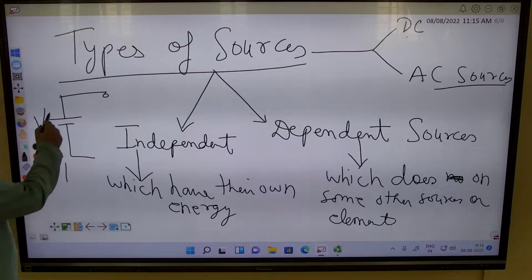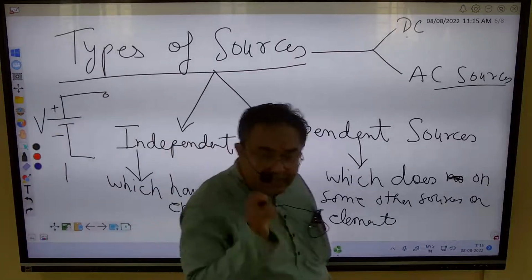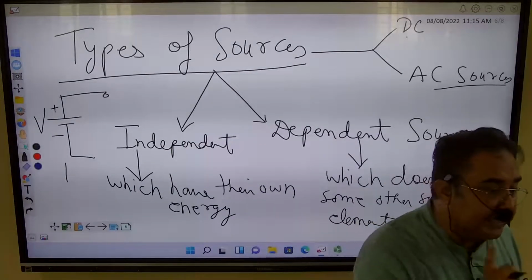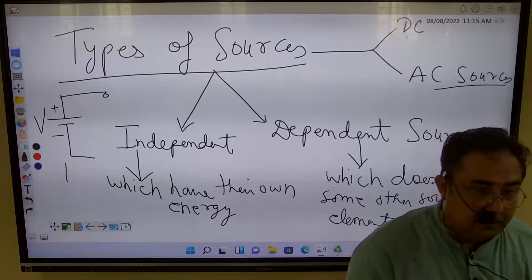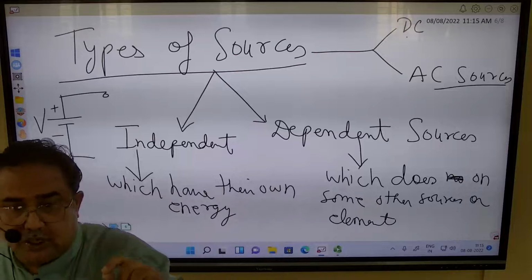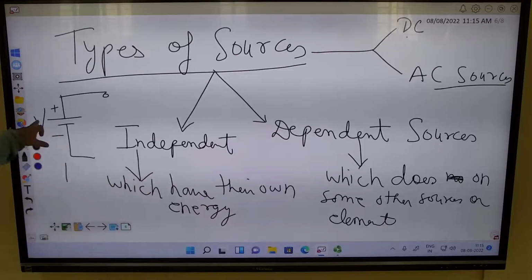Now mind it, one important thing: whenever you write down a DC source, always put the polarity sign. Keep in mind, whenever you write down DC sources, polarity is a must. Okay, no doubt the bigger line is showing positive, but you have to mark in the circuit also that this is positive and this is negative. Is it clear? Okay, so this is very important.